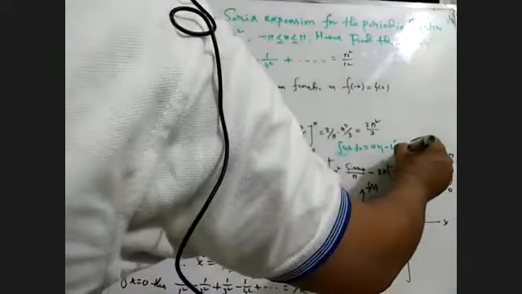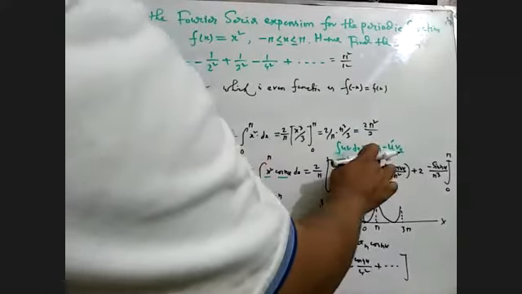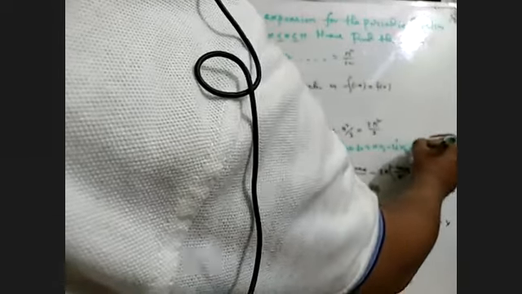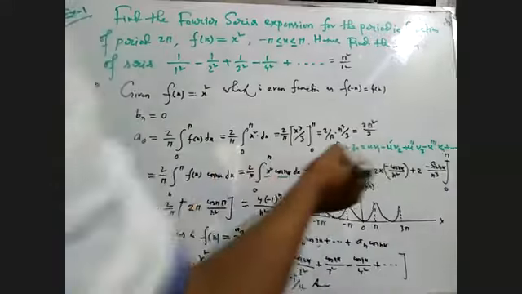Integration of v will be done two times, that means v1, v2, plus second differentiation of u, then again integration of v2, that means v3, minus differentiation of u2, that means u3, and again integration of v3, that will be v4. In this way we have to proceed.